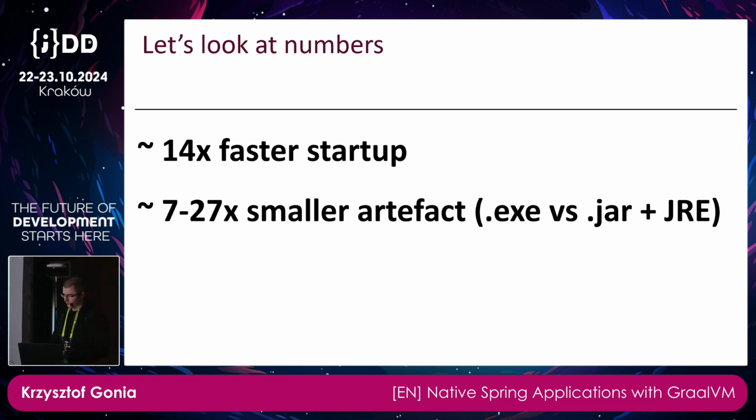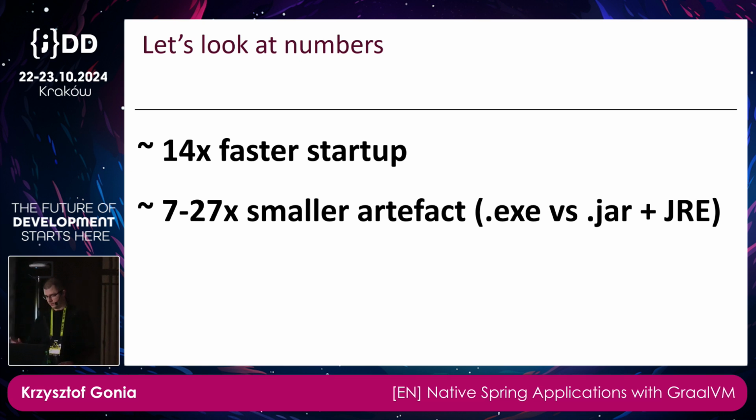I'm thinking about shipping it as, for example, a Docker image. With a Docker image, you need to not just ship the jar file, but you also need to ship the whole JRE. You need to have the environment to run your jar file. Depending on which image you choose, you will have a different size of Docker image.